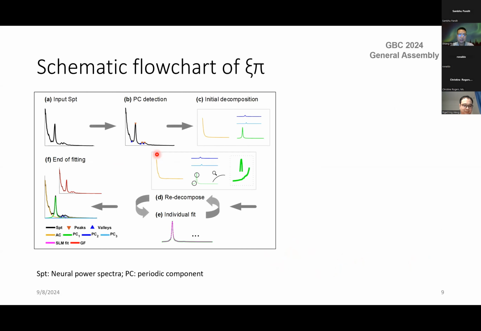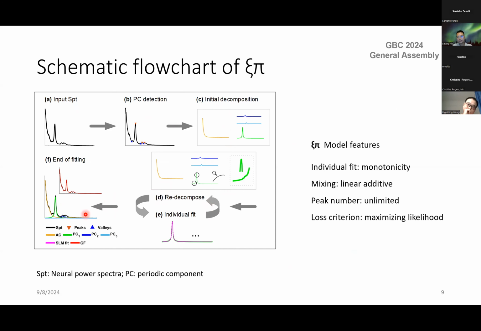So the basic flow chart is: after we input the spectra, we define the number of peaks, and we initially fit it using the Student t function for a rough fit, and then we submit it to the EM algorithm for multiple iterations, based on the Whittle likelihood criterion, and finally it will converge and return different components.